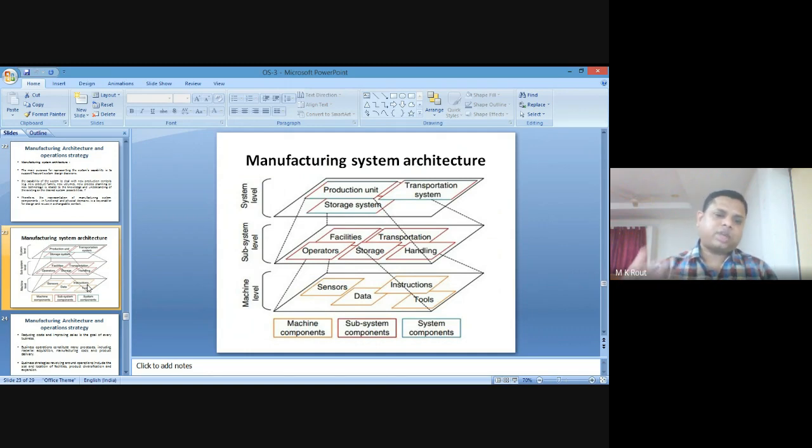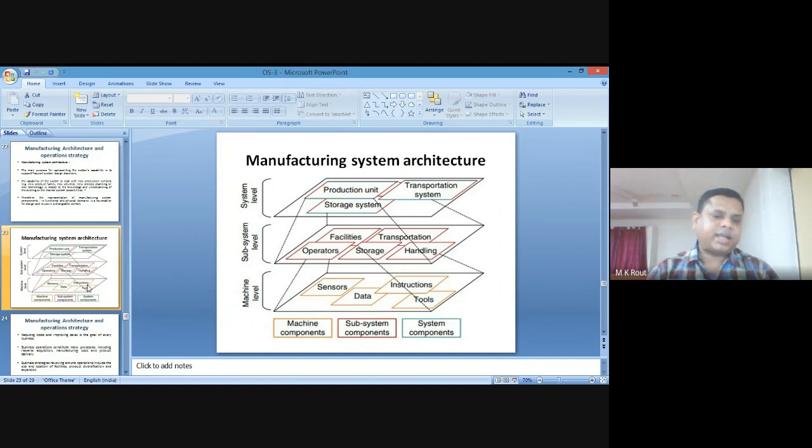But if you go to the subsystem level, they have facilities for storage systems, facilities in transportation, in storage, in handling, and operators. The operators belong to production, and storage belongs to the storage system. Facilities are included in the production system, and transportation and handling systems belong to production as well as the transportation system.